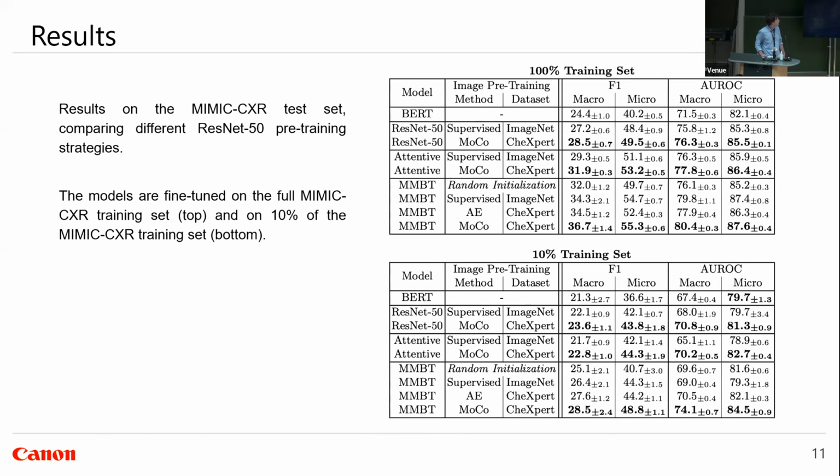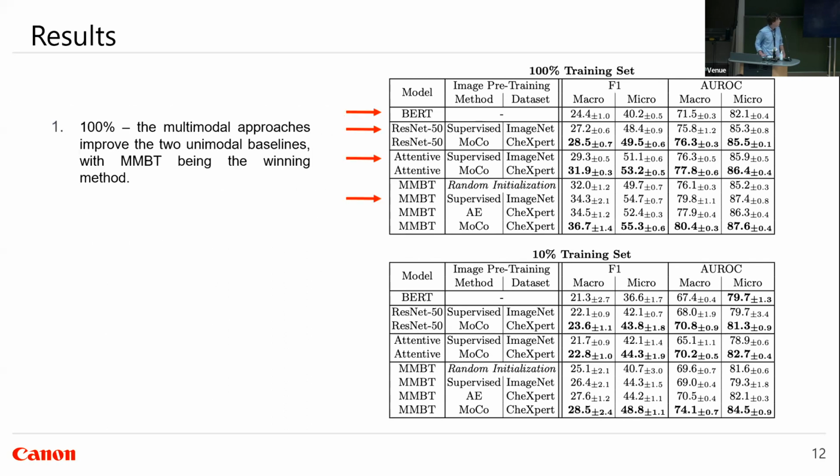We can now see the results on the MIMIC-CXR test set, comparing the different image pre-training strategies. On the top, we have the results using the full training set, and on the bottom table, only using 10% of the training set. So the first thing we can notice is that both multimodal approaches improve on the unimodal baselines, with MMBT being the best solution.